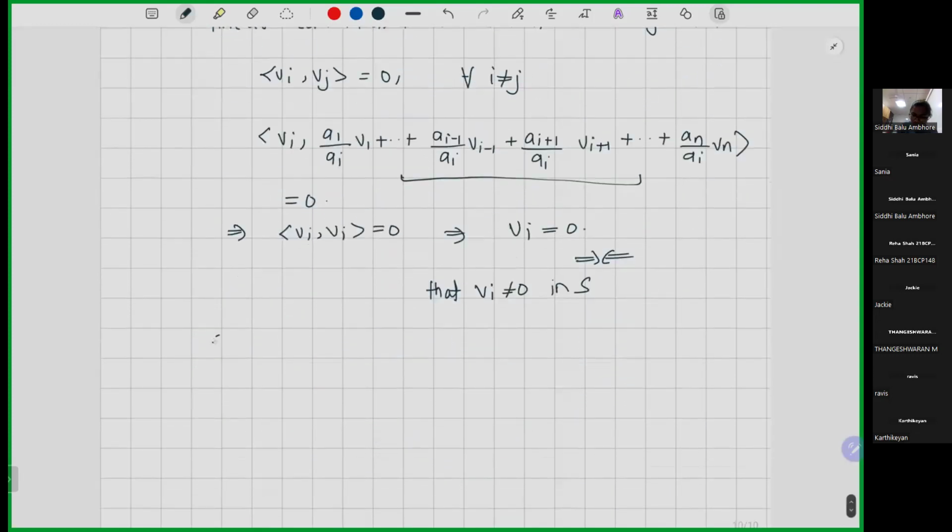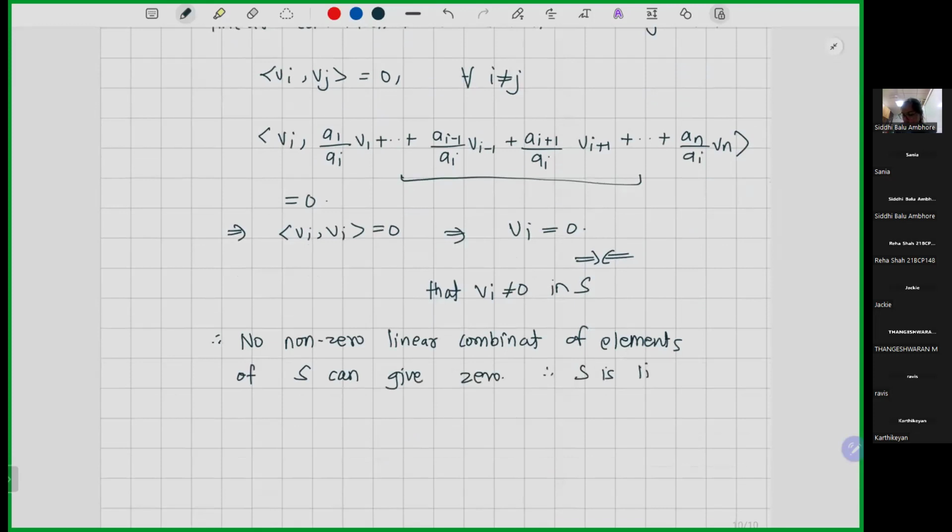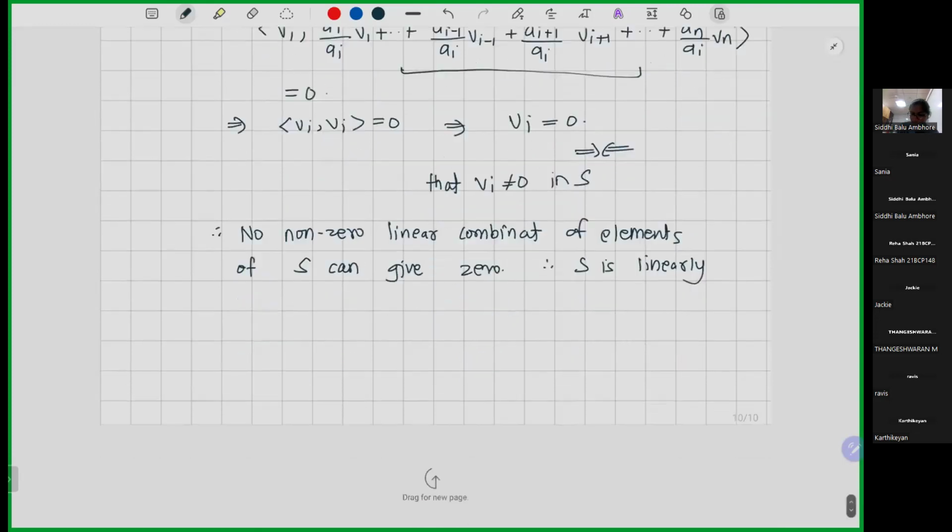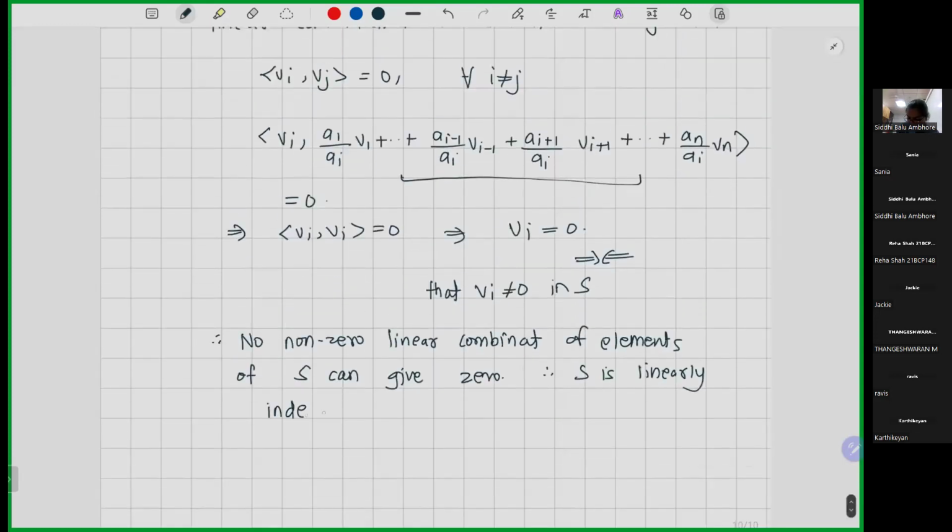Therefore, no non-zero linear combination of elements of S can give 0. Therefore, S is a linearly independent set. Any doubts here?